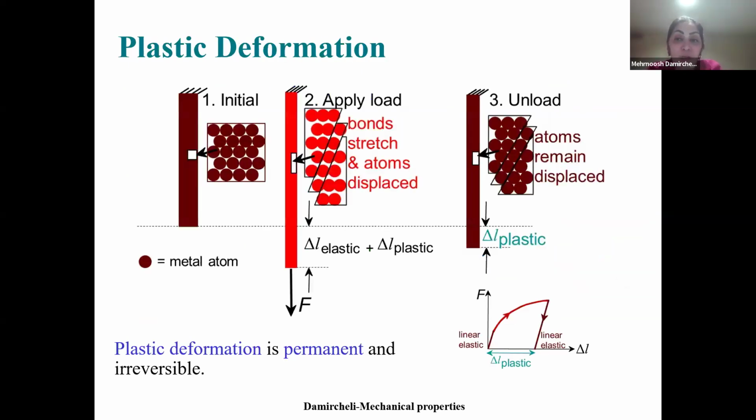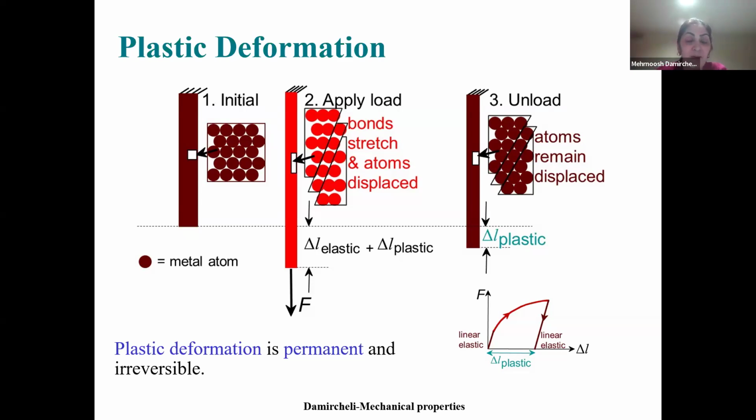What is plastic deformation? Plastic deformation is permanent and irreversible deformation. For example, consider we are at stage 1 first, initial, then applying force. Some deformation you see in the structure is delta L elastic plus delta L plastic. You see that bonds stretch, atoms are displaced, and there is a slip system.